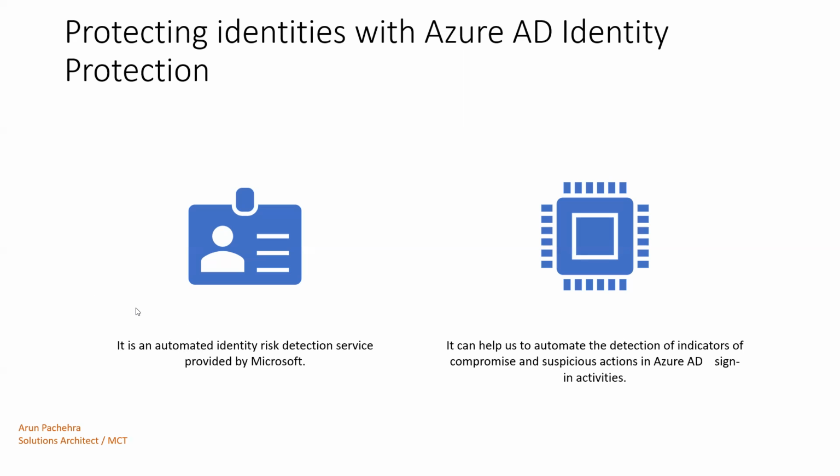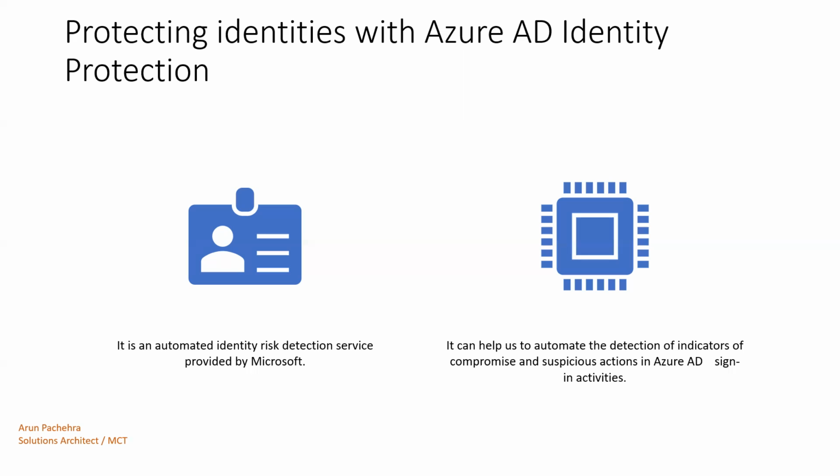So the question is how it is detecting the risk. Well, there is a lot of science there, machine learning, a lot of advanced technology that we'll talk about and understand. If you think about it, there is a wealth of useful security information in Azure AD sign-in activities. Think of the broad customers of Microsoft, billions of people, right?